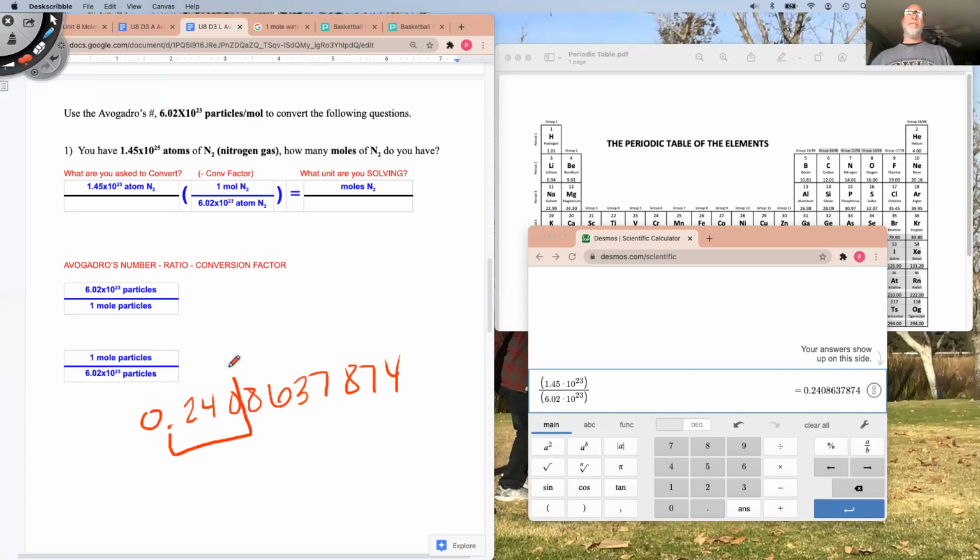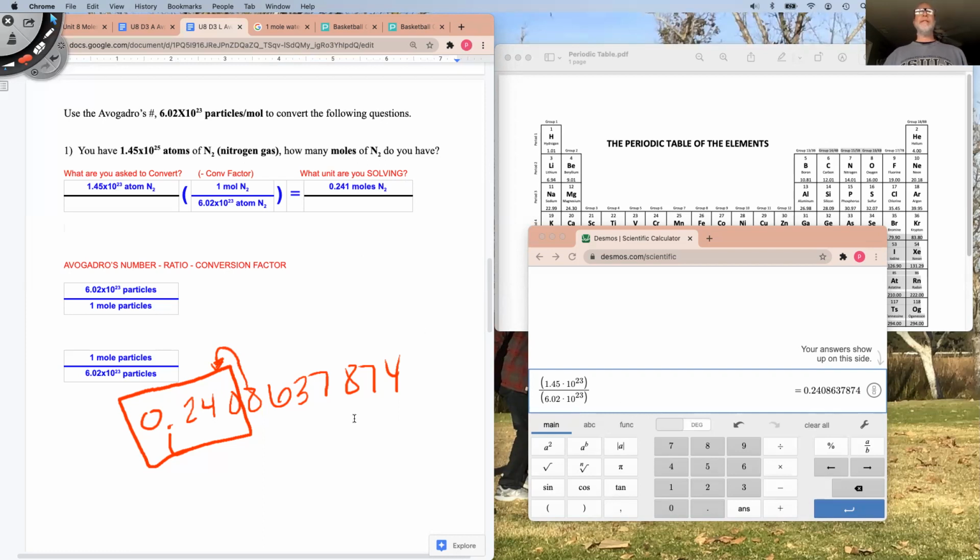Okay, so you want to keep this many numbers right here. But you can see that the number next to the 8 is an 8. So the 8 is going to round that number up. So our answer is actually going to be 0.241 moles of nitrogen. And that's how we would solve that using the calculator.